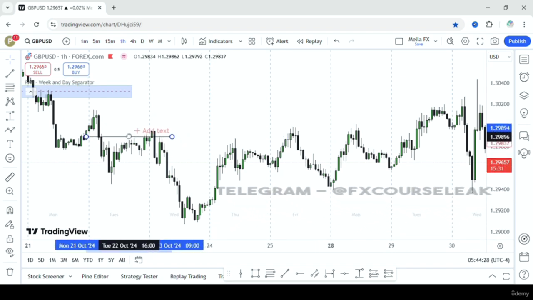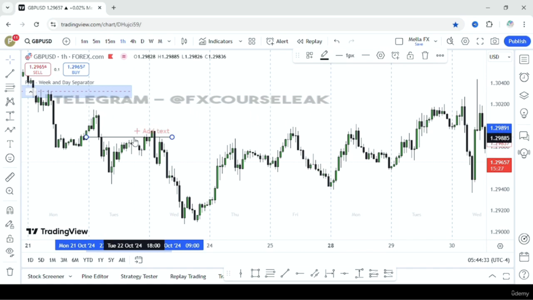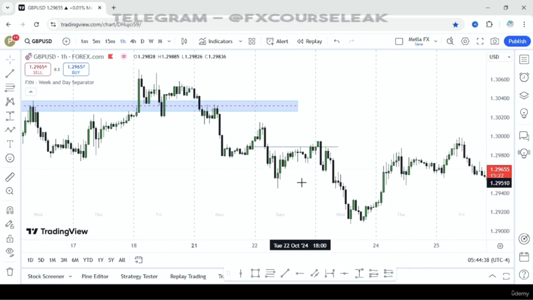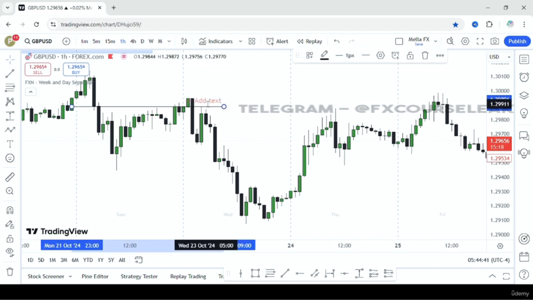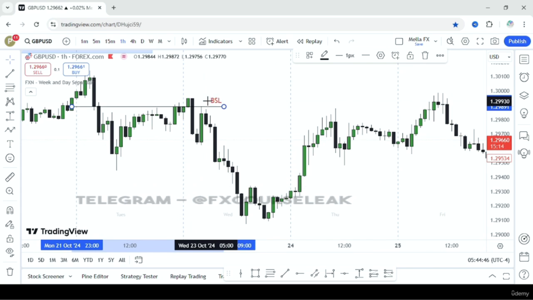Even here we can see there's this swing high. This is session liquidity because it is an Asian high. So these are buy stops. Let me write buy-side liquidity or buy stops.